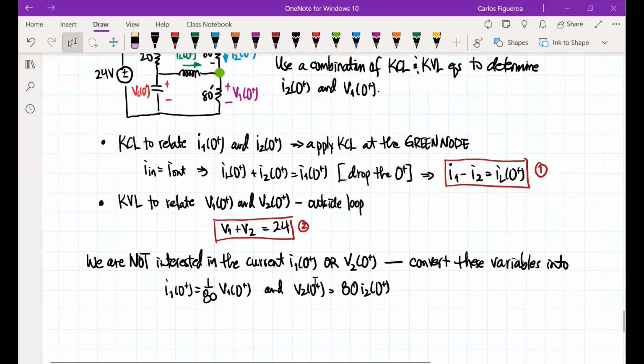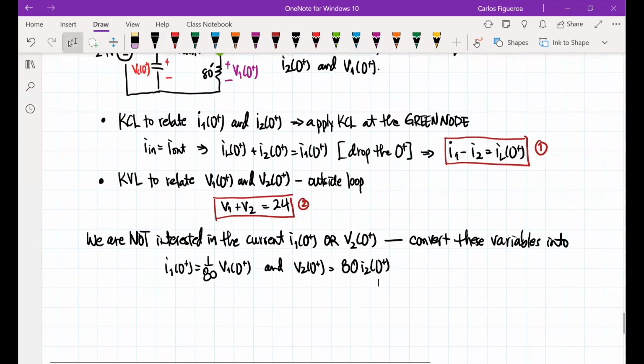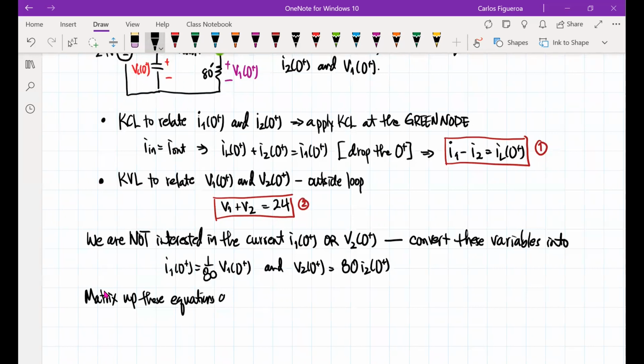If I convert them, I now have two equations. So now I'm going to get ready to matrix up these equations and get the solution.